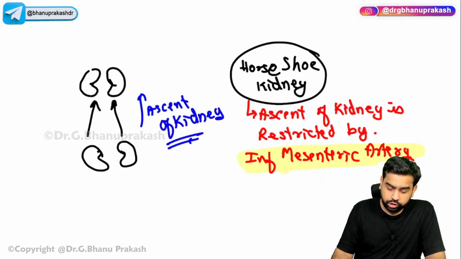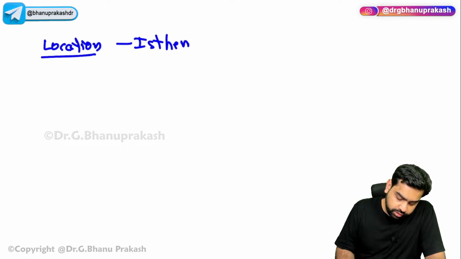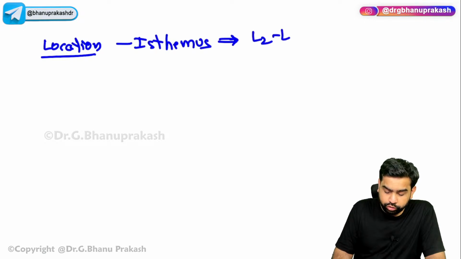Now if I ask you a couple more questions about this: what is the level at which the isthmus lies? It lies at the junction of L2, L3.